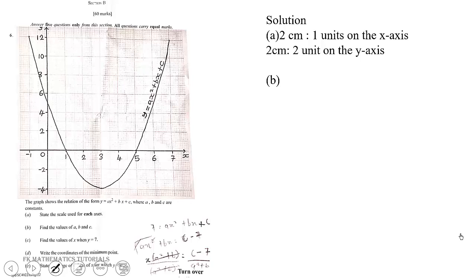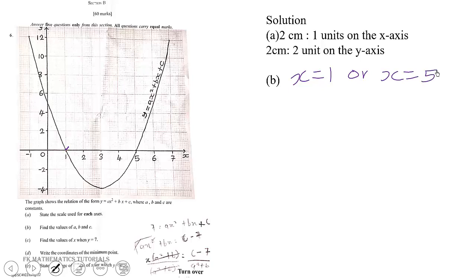We have different ways you can solve this. One way is working backwards when you know the roots. From the graph we can find the roots. The roots are x equals 1, so this point is one of the solutions, the points where the graph touches the x-axis.